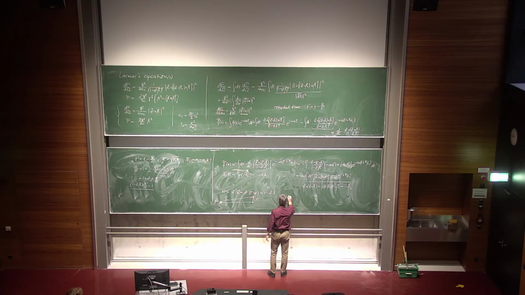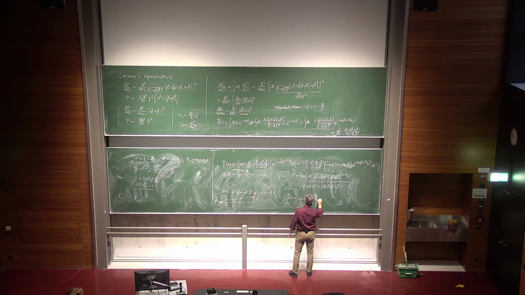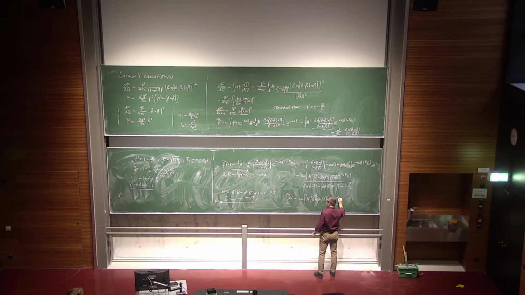So finally I can write Fourier transform vector f as a function of omega. This is i omega integral dt prime E cross beta e to the power of minus i omega t prime minus 1 over c E times x.